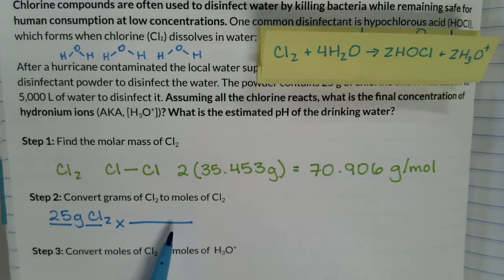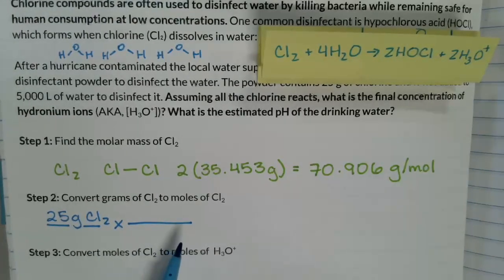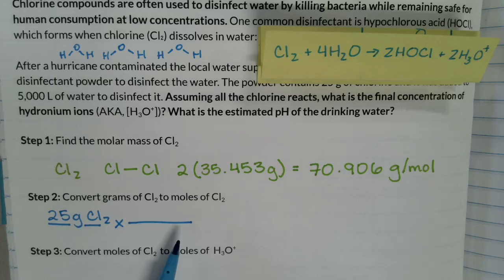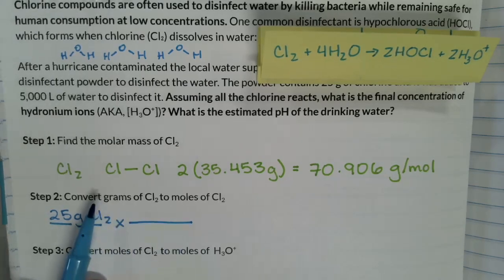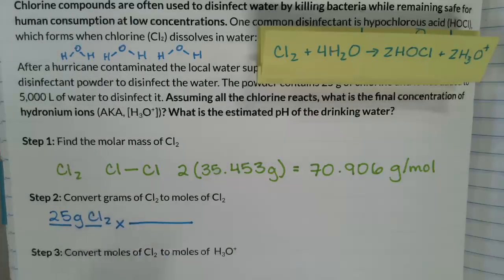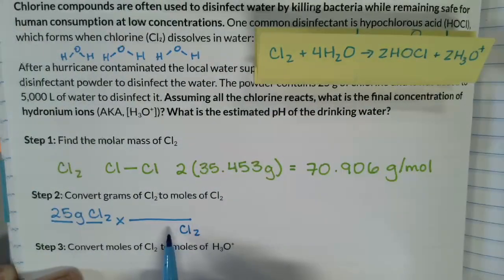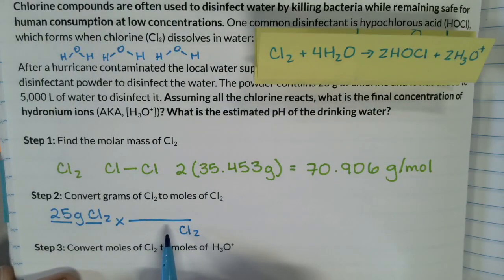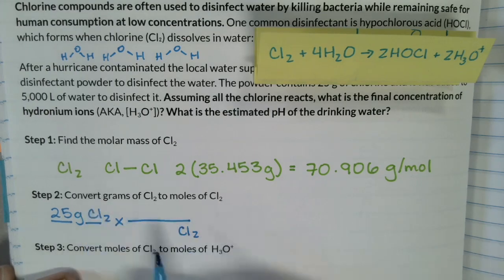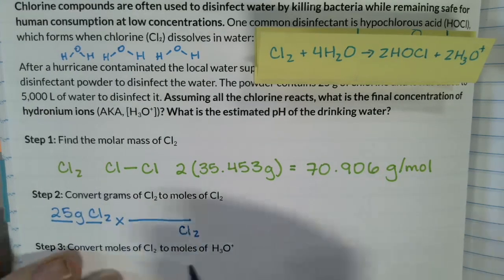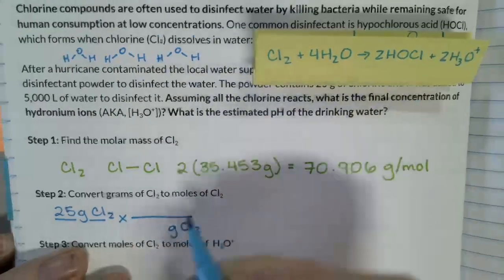Once you've got the new line, you already know what goes on the bottom. What goes down here? Right. It's whatever is the same as up here. So it's going to be Cl2. We haven't changed that. And what is it going to be? Grams or moles? Grams, because we're at the cross. That's right. If grams was up top, it's got to be grams down here.